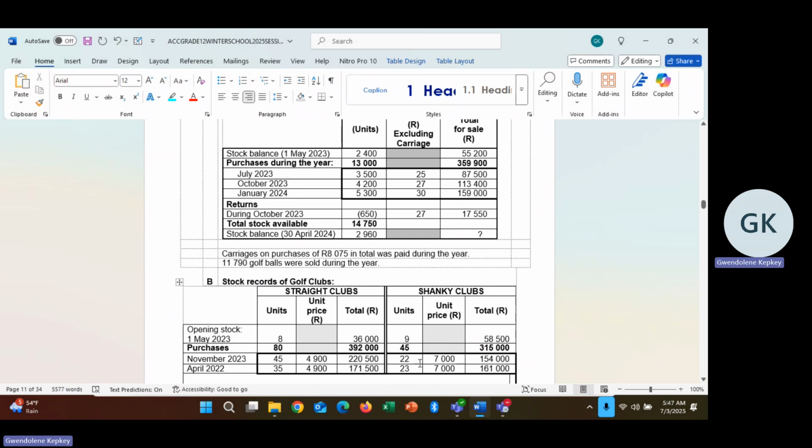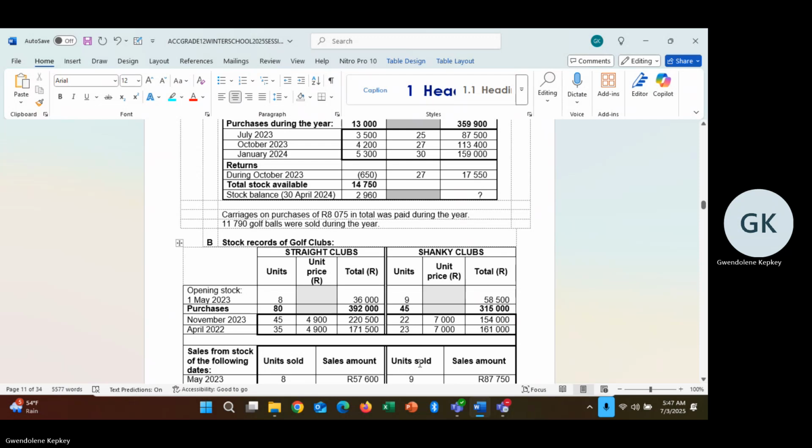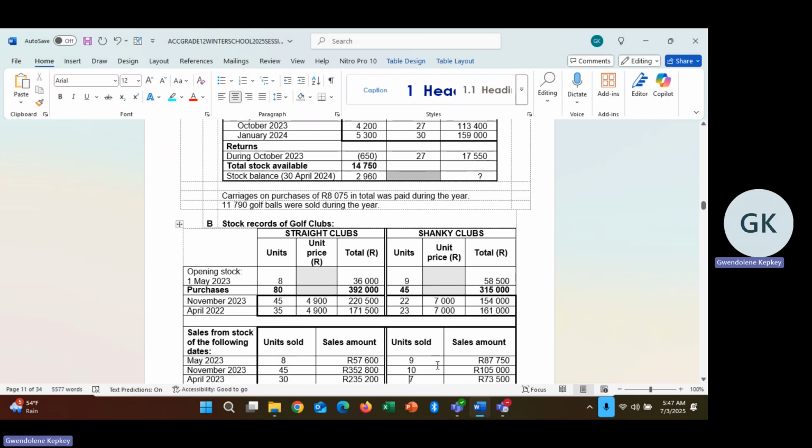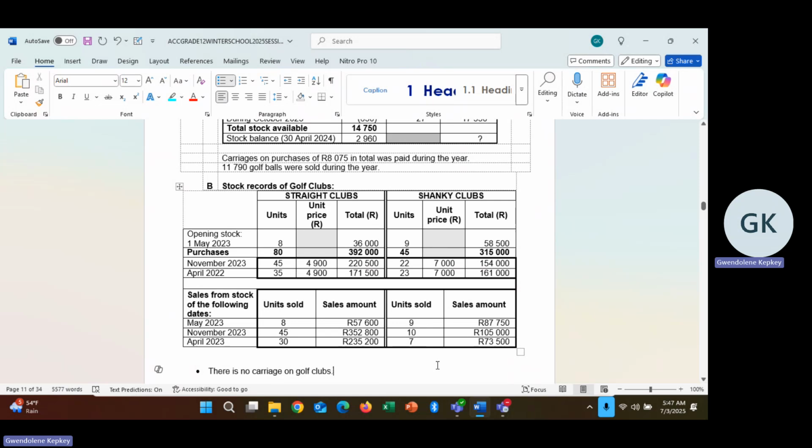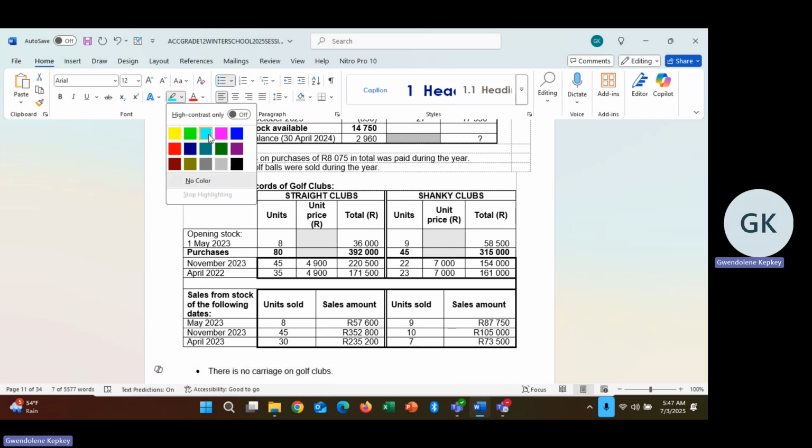So if I go to that information, the golf clubs, let's quickly read and find out what it is that they're giving to me in my information. Very important for us to note, here they are saying there is no carriage on the golf clubs. Okay?